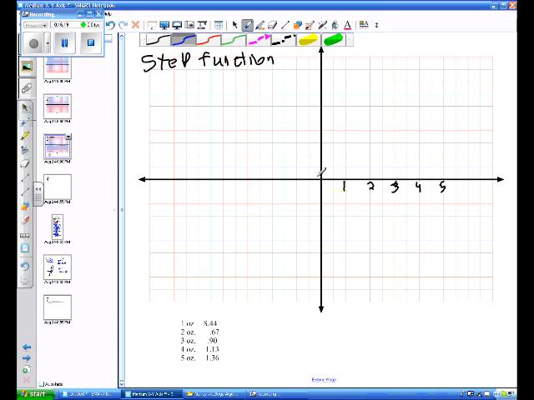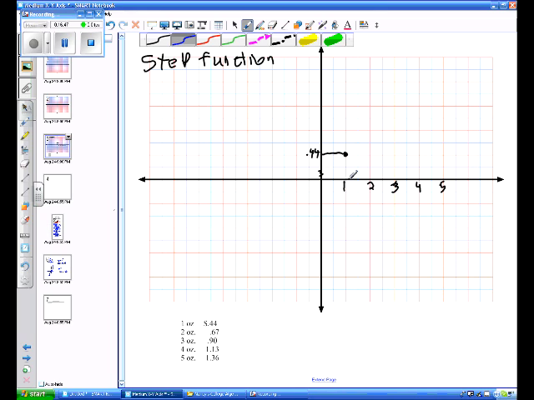Up to 1 ounce, you're going to pay 44 cents. So we're not going to start this at 0, and when we don't, we put a little break there. But let's say that this is 44 cents. We're not going to look at this as necessarily our coordinate plane, but as a graph. So all those from 0 up to 1 ounce, and including 1 ounce, you're going to pay 44 cents.